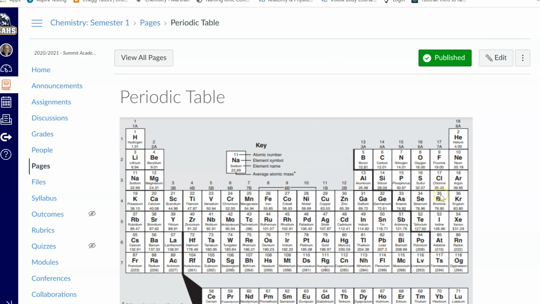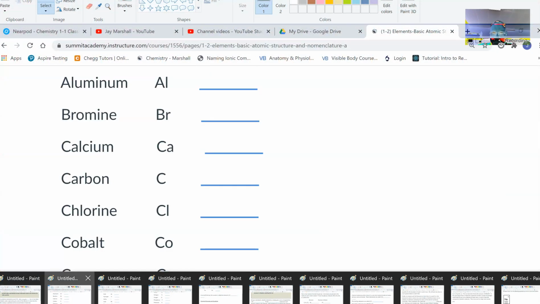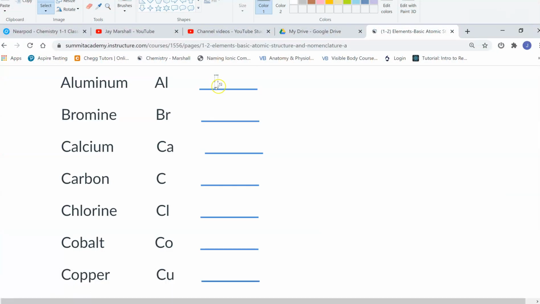So first was aluminum, and you see aluminum is element number 13 there. So write down element number 13.